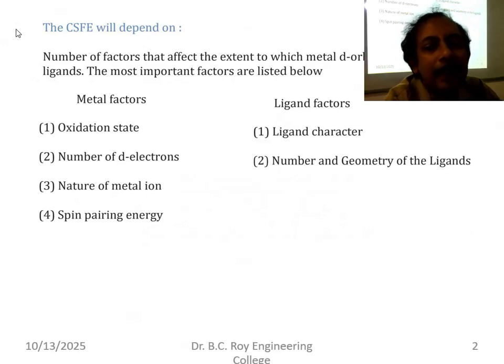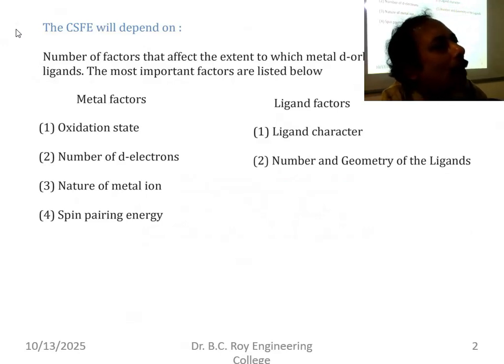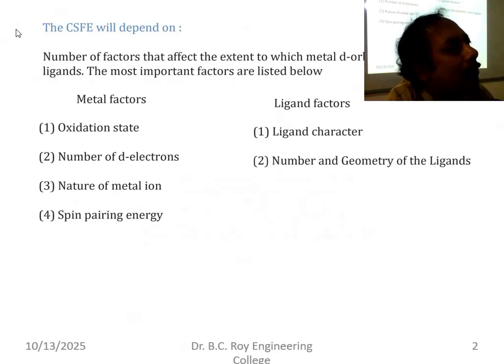Achha, next is spin pairing energy. Spin pairing energy means if you have more electrons, pairing may be required. First you fill up 1, 1, 1, then maybe more than one is coming, so it will be paired up. Now pairing is an endothermic process, so it will absorb certain energy, and that's why spin pairing energy also will perturb the crystal field stabilization energy.